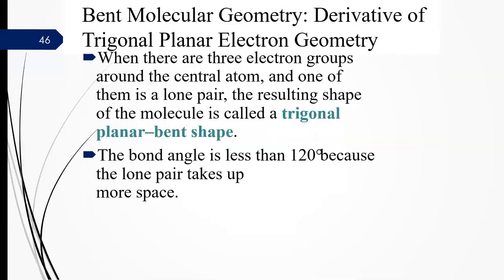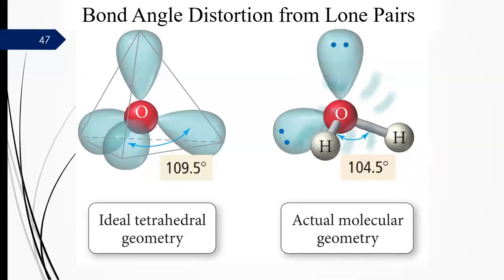Another one that we're looking at is going to be our bent one. Now it's called a bent shape because it takes up similar to that V shape for its geometry. So now we've replaced two of these. And so we're left over with this V here.